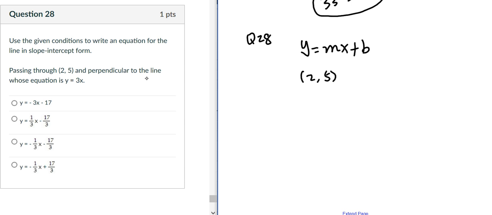perpendicular to the line whose equation is y equals 3x. From here, it tells us this is the slope.